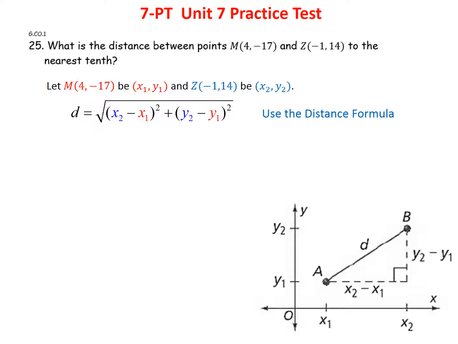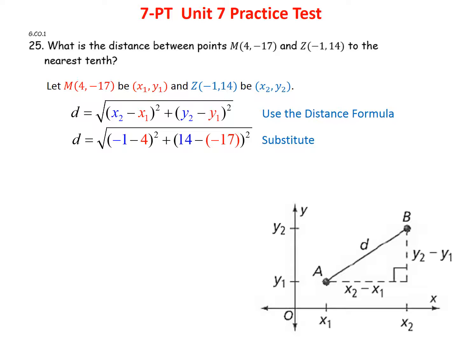Let negative 1, negative 17 be x1, y1, and 4, 14 be x2, y2. And if we plug them in, we get this. Now, the only tricky part in this problem is making sure, again, that you do the math right. Negative 1 minus 4 is going to be negative 5. But you have to remember, again, that 14 minus negative 17, subtraction is the same as adding the opposite.